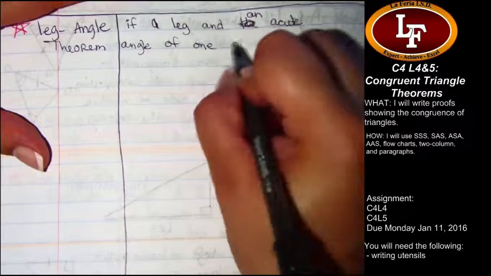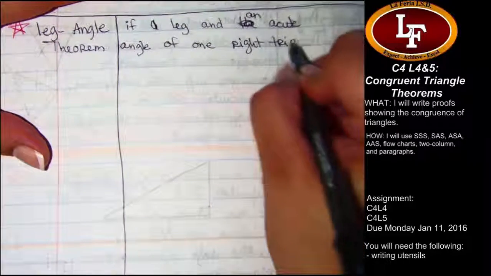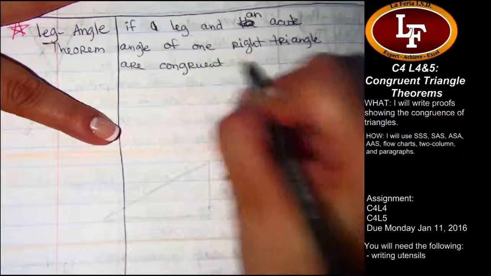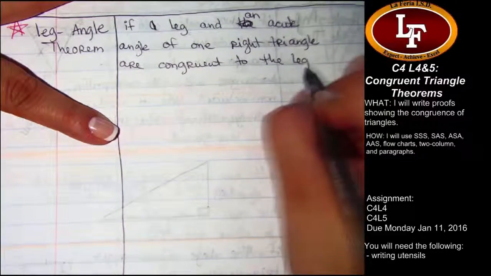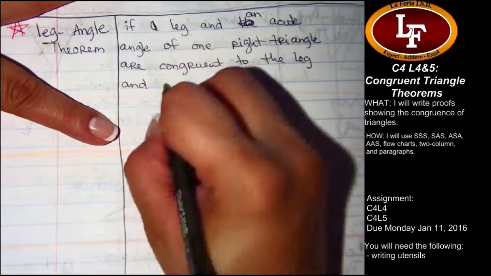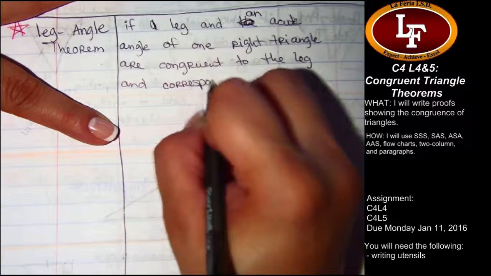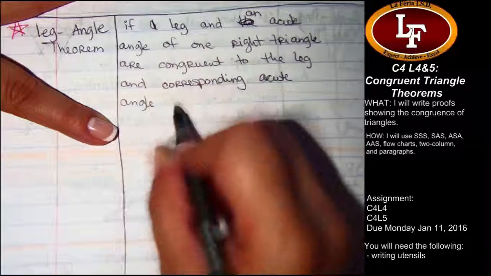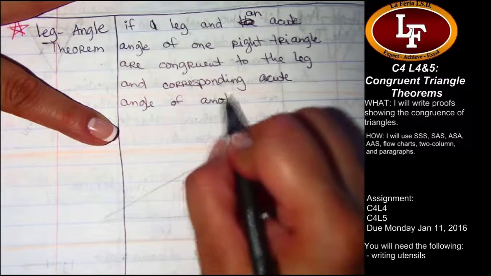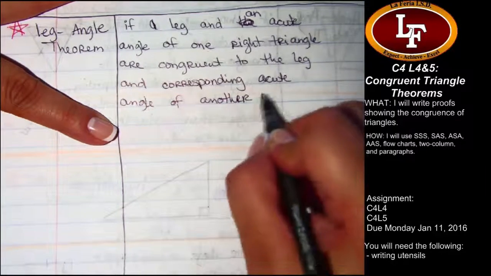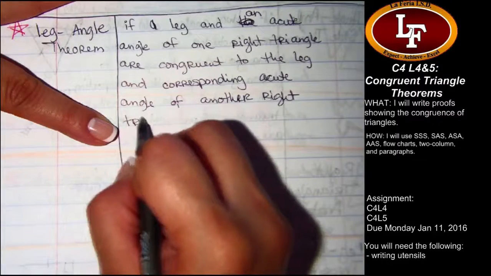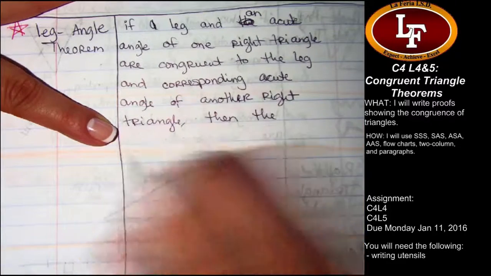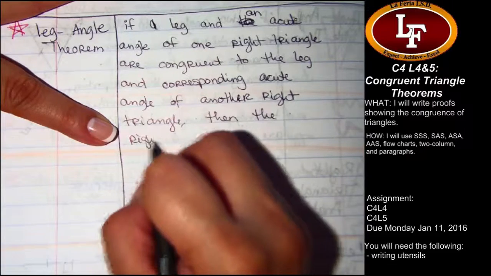Of one right triangle are congruent to the leg and corresponding acute angle of another right triangle, then, spoiler alert, the right triangles are congruent.